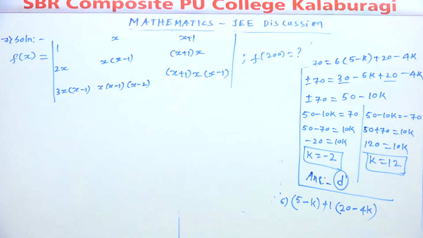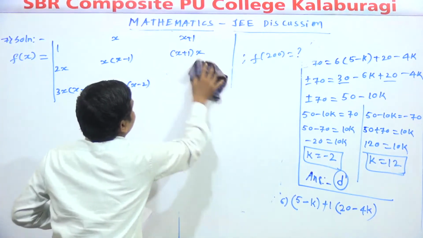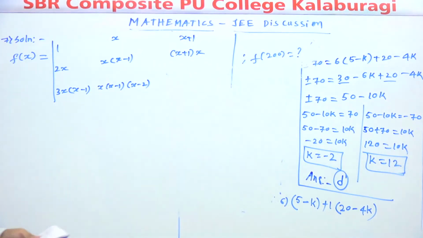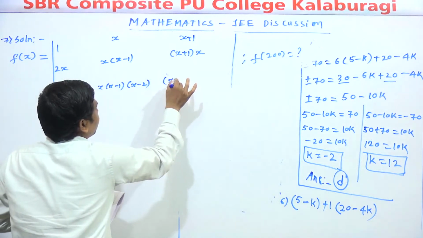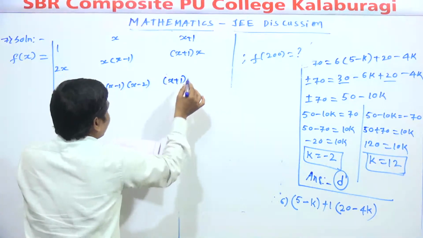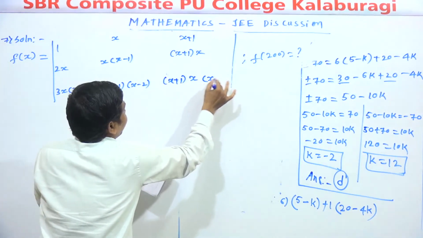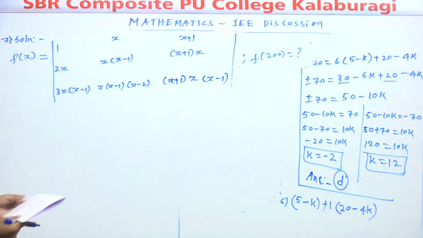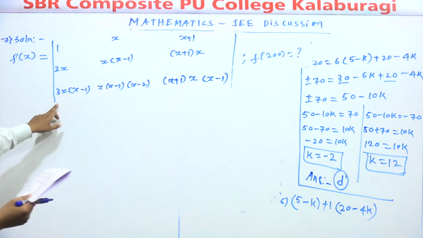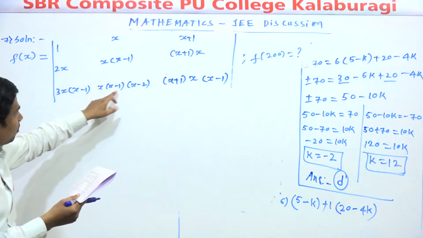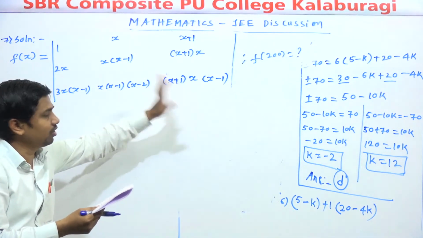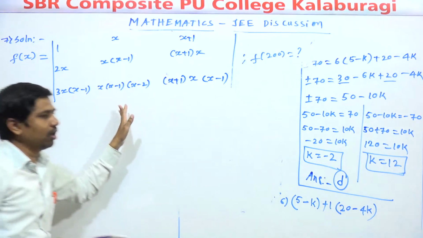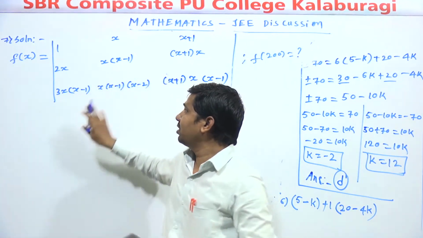So this is your determinant of order 3 cross 3. Okay, let us apply some property and simplify this determinant value.